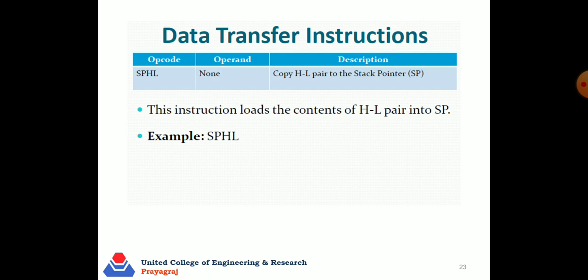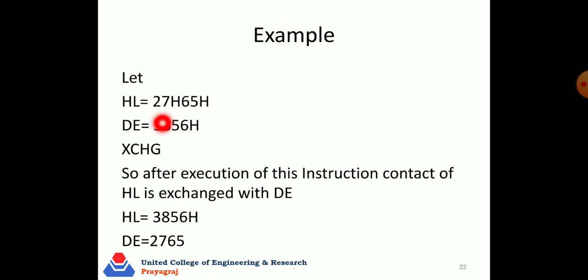After execution of XCHG, the content of HL is exchanged with DE. So HL becomes 3856H and DE becomes 2765H. So it is a very useful instruction.